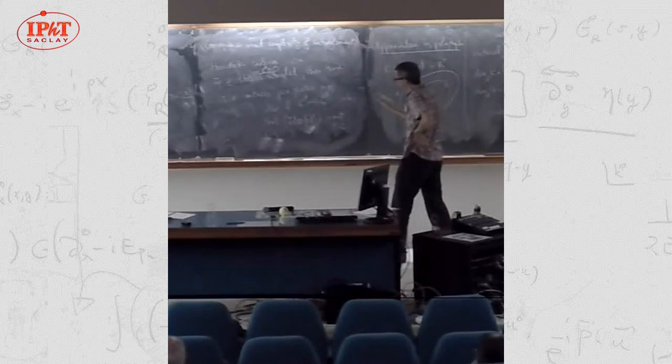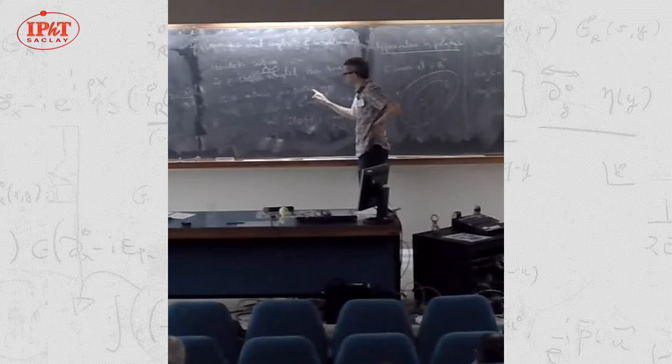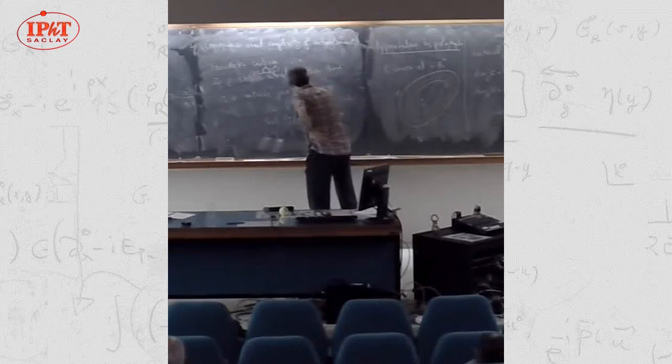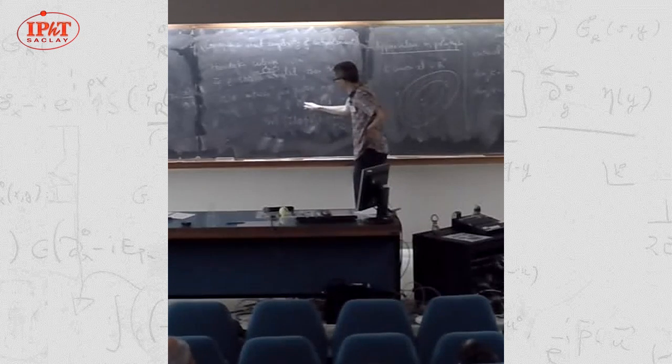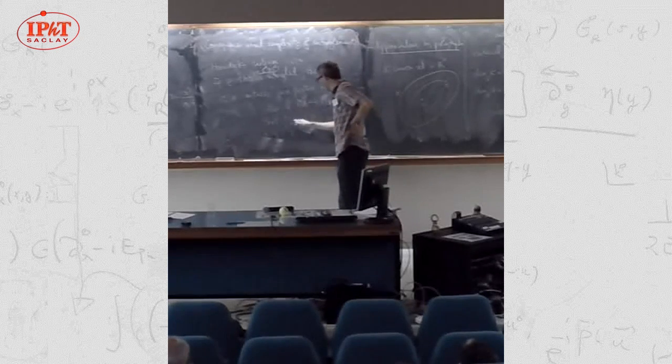Positive map means that it maps positive operators to positive operators, but it's not completely positive. If phi is a CP map, then this always, by definition, is positive. So here I want to look at maps which are positive but not completely positive.